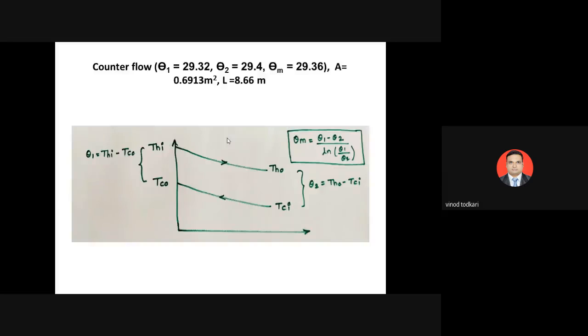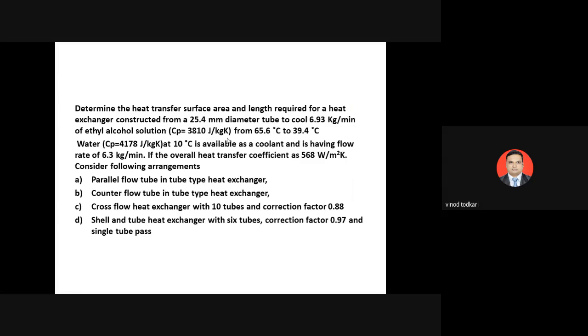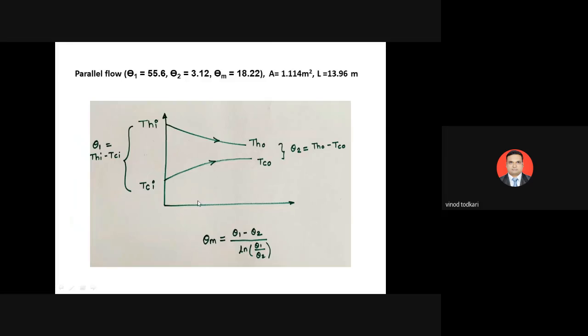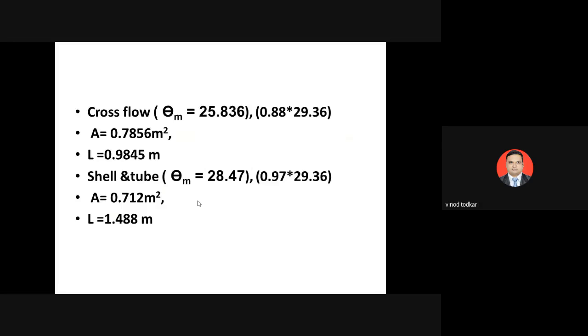Now see, as far as the cross flow heat exchanger is considered, what is given in this? 10 tubes are there, right? And the correction factor is 0.88. So F was given as 0.88 and the number of tubes is given as 10. So what formula will you use for A? A is equal to pi dl into N into P. The number of passes is not given, so we'll assume that a single pass is there.